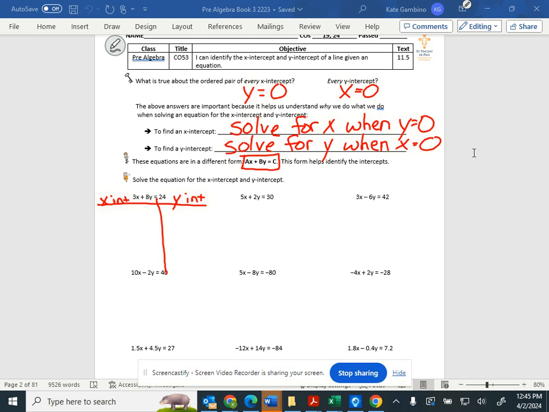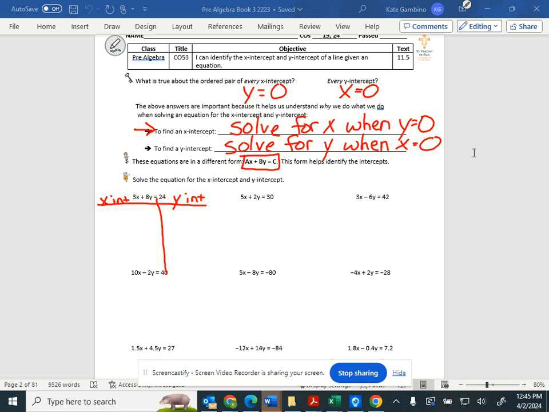So what do you think I need to do to solve for my X-intercept? What do I have to do to solve for the X-intercept, Damien? You have to find that the Y is zero.